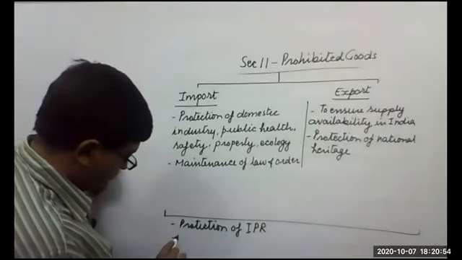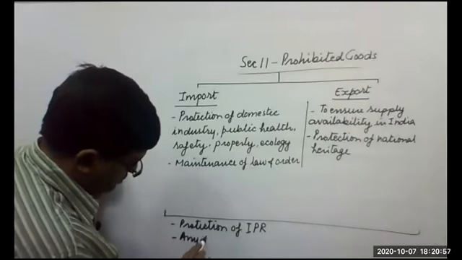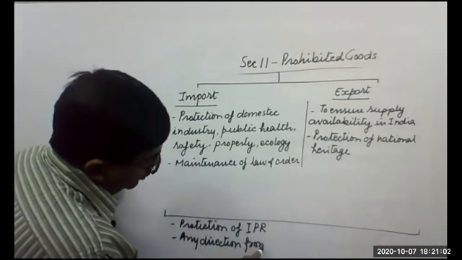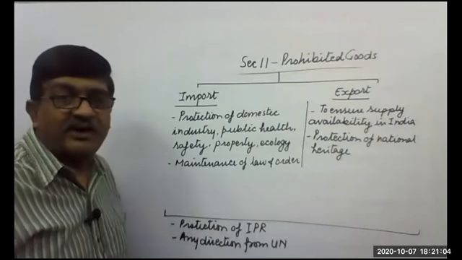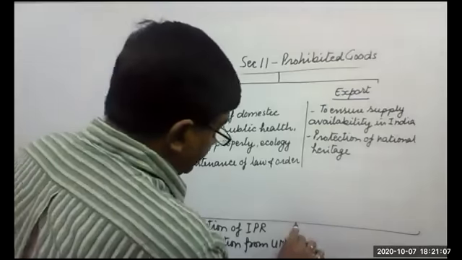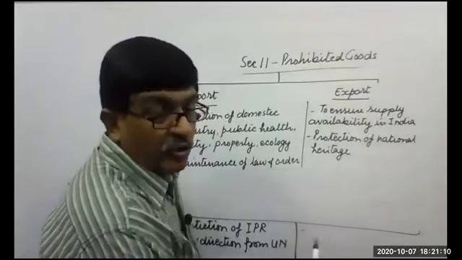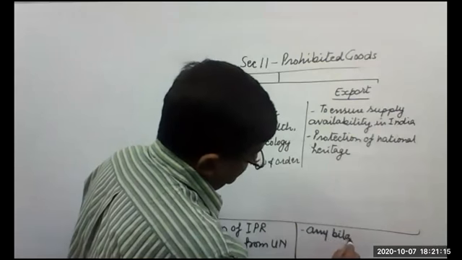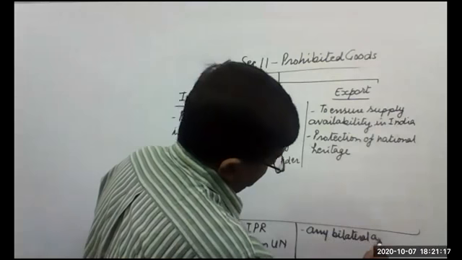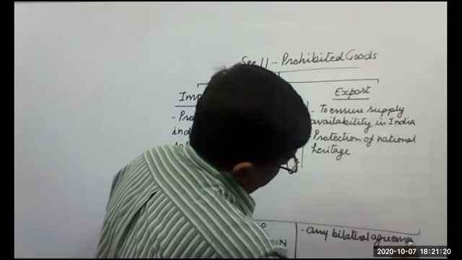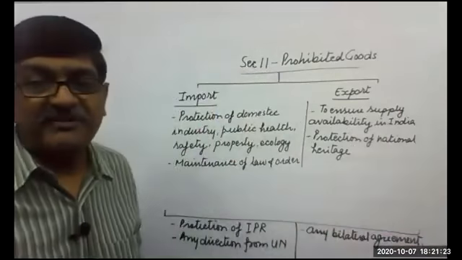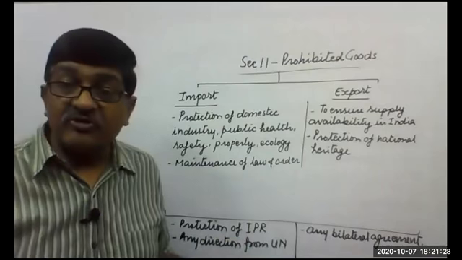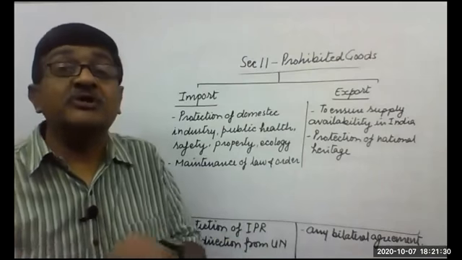Or any direction from the United Nations, or again common number 3, any bilateral agreement. These are some of the reasons on the basis of which import and export both can be prohibited.